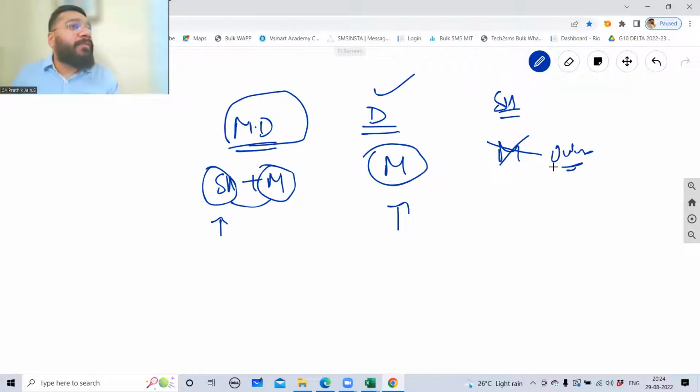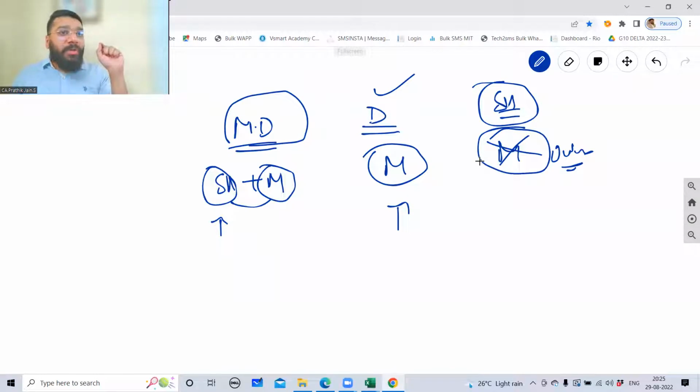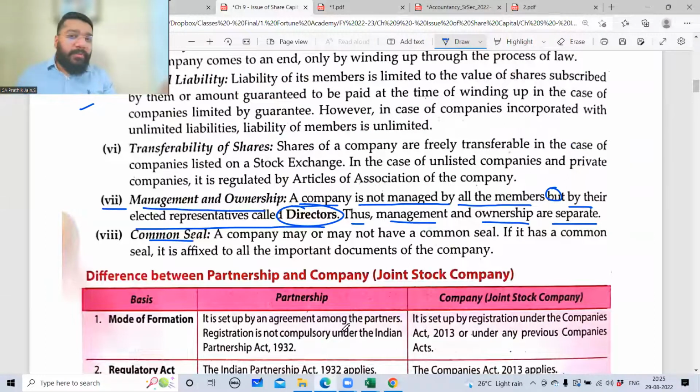Let's suppose I have shares of Reliance Limited. I am a shareholder, but I'm not in management, so I cannot manage the business. I have only invested the money. So it is not necessary that any person appointed as a director is always a member. It is at his option whether he wants to become a member or not. If he wants to become a member, he invests money in the business. If not, he just becomes a director and manages the business. So guys, management is different, ownership is different.